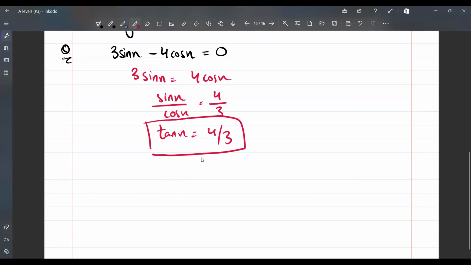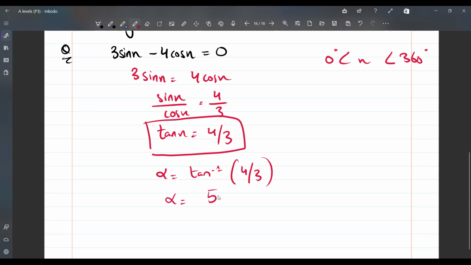Tan x is 4 upon 3, and the range lies between 0 and 360. Tan inverse of 4 upon 3 gives us 53.1 degrees. Tan is positive in the first quadrant and the third quadrant.